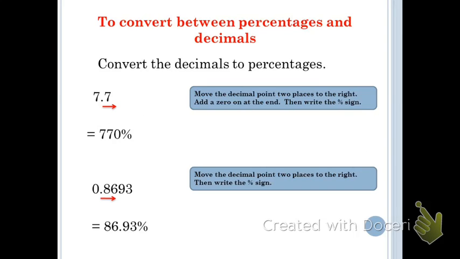Now we'll convert the decimals to percentages. 7.7. Now we're going to have to move the decimal 2 to the right. We'll need a 0 for this space. So 7.7 is equal to 770%.